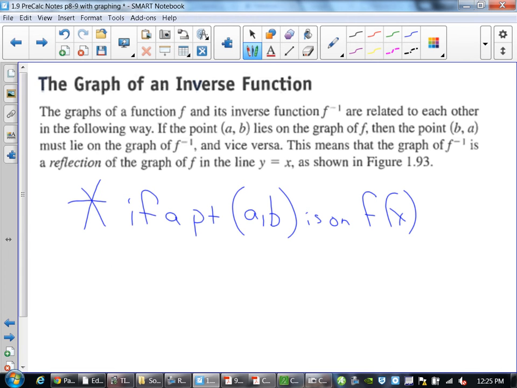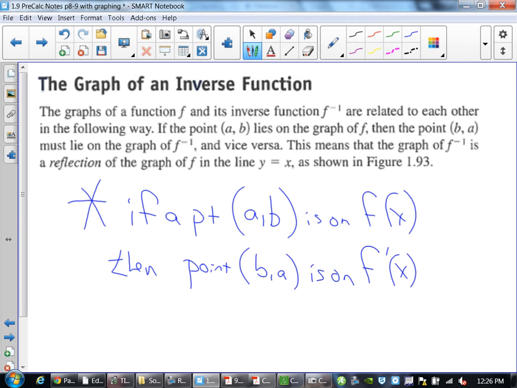If some ordered pair is on that function, then the point (b, a) is on the inverse of the function. That's really all it is.